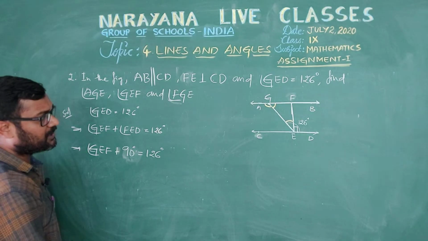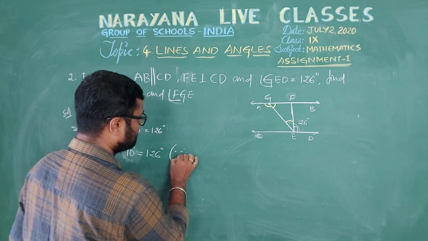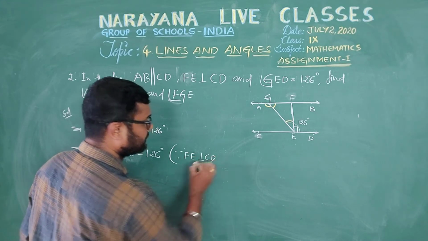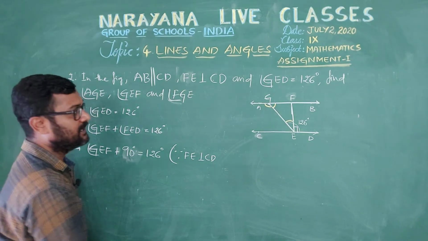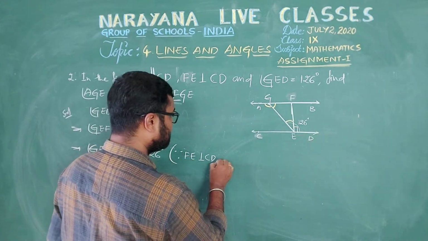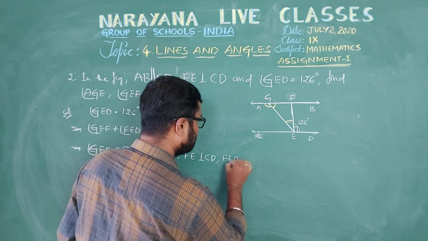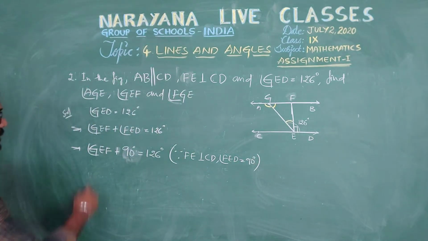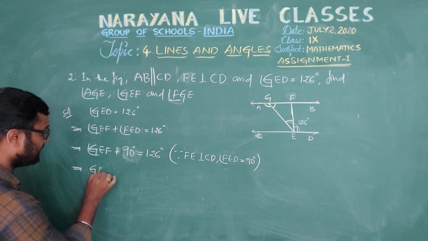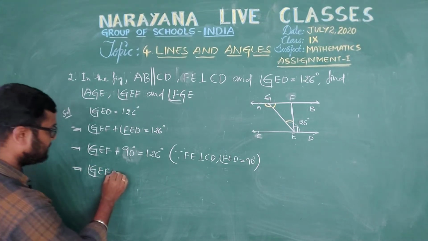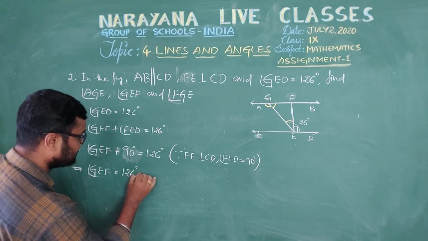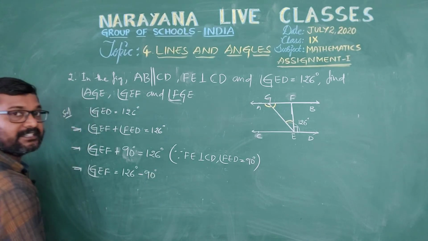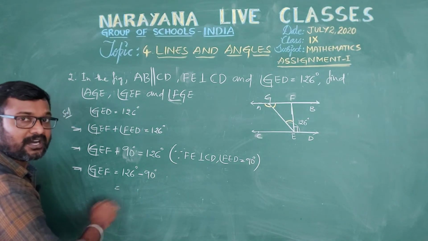Why? Because it is given that FE is perpendicular to CD, isn't it? Then angle FED is equal to 90 degrees. So now angle GEF is equal to 126 degrees minus 90 degrees, when the 90 comes to the RHS.